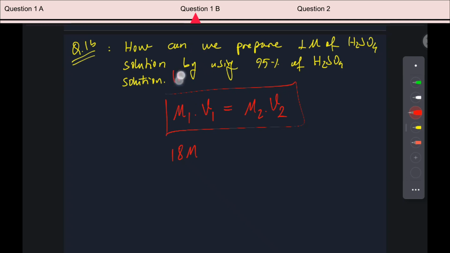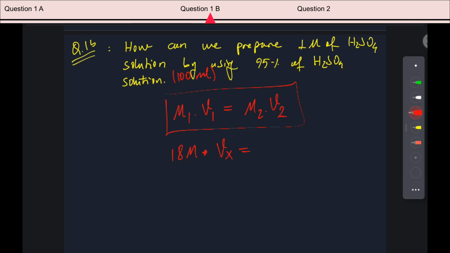Let's say 100 milliliter. I want to prepare 100 milliliter of 1 molar H2SO4 solution, and I don't know how much I need from the concentrated H2SO4 solution. So I will write Vx. This is unknown.